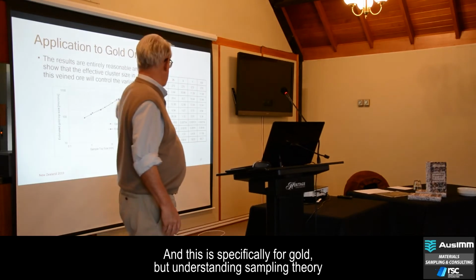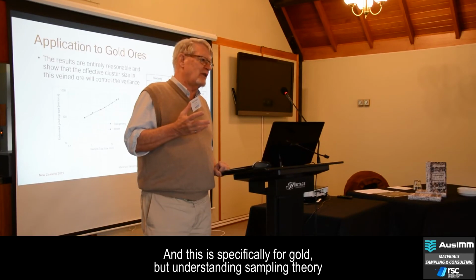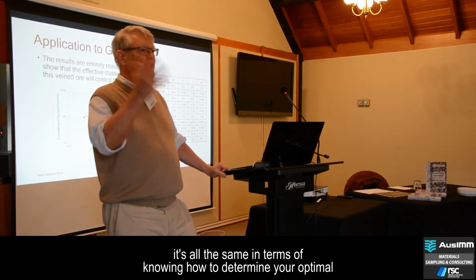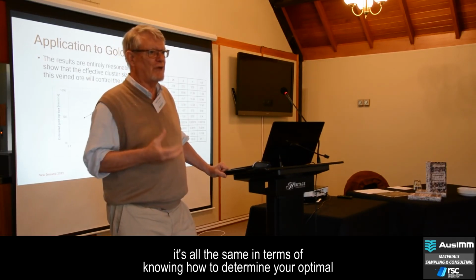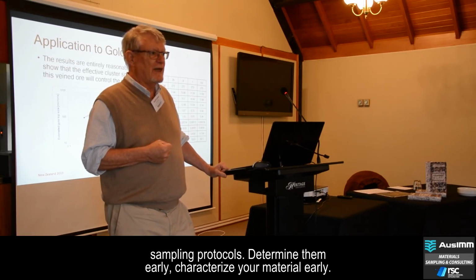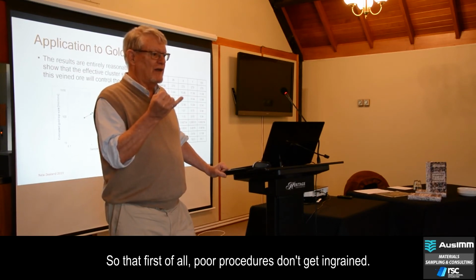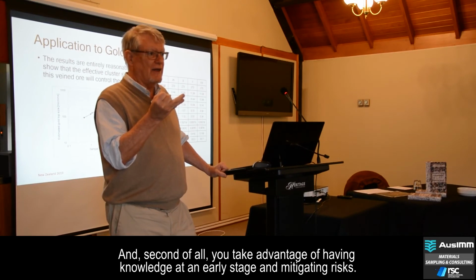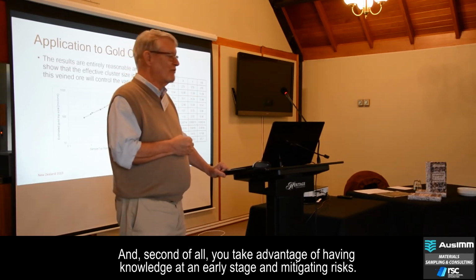This is specifically for gold, but understanding sampling theory and material heterogeneity, be it a base metal ore or whatever, it's all the same in terms of knowing how to determine your optimal sampling protocols. And determine them early, characterize your material early, so that, first of all, poor procedures don't get ingrained, and second of all, you take advantage of having knowledge at an early stage and mitigating risk.